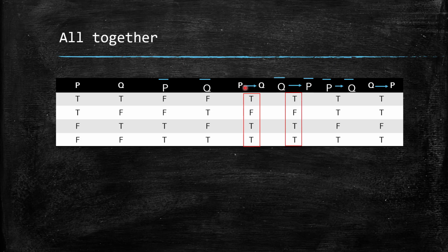Our contrapositive agrees with all the truth values of our main statement, and our inverse and converse agree with each other. This is also an interesting fact coming up from this truth table: the inverse of a particular statement and its converse agree with each other as well. That means the inverse and the converse of a statement are also equivalent.